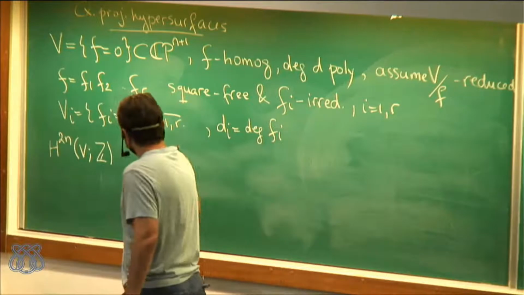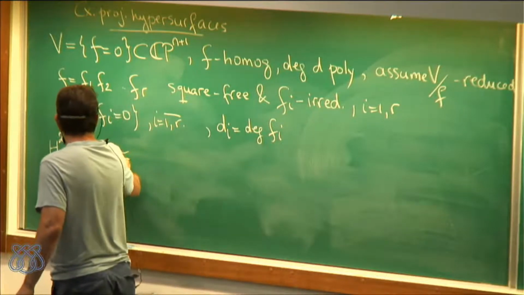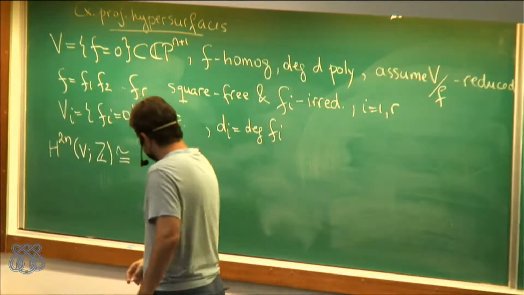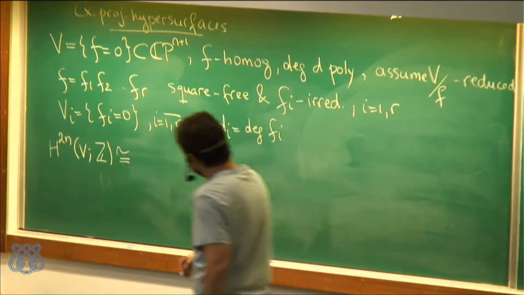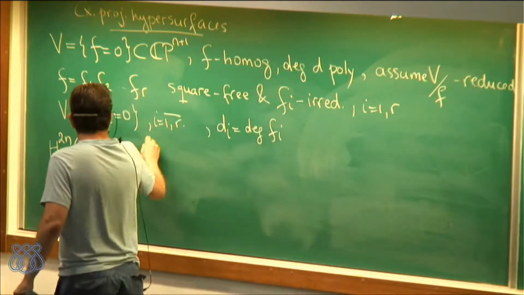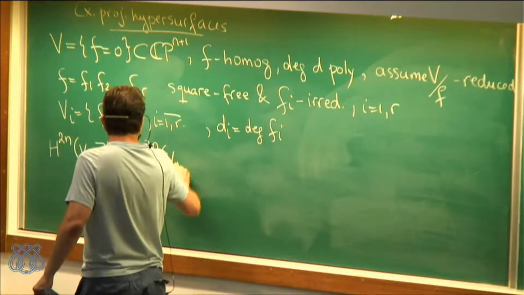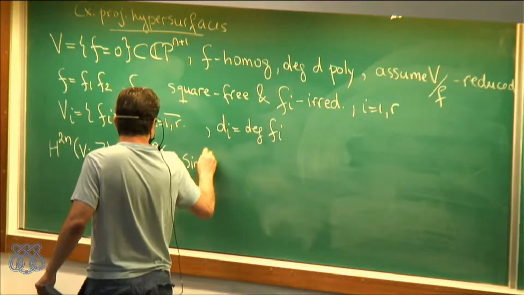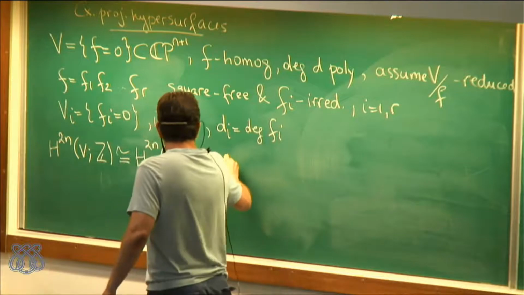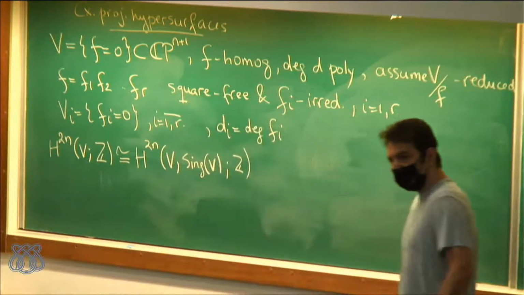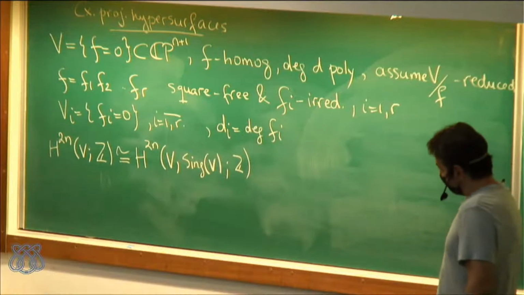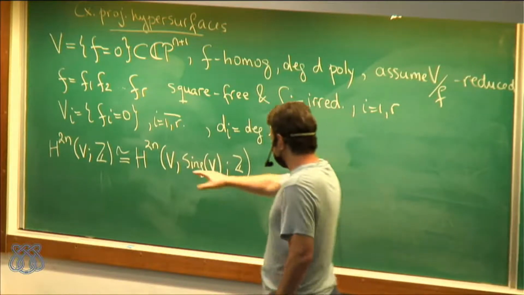From the long exact sequence of the pair between V and the singular locus, this is the same as the relative cohomology of V rel Sing V. Sing V has real dimension at most 2n minus 2. So in the long exact sequence, you get this isomorphism.